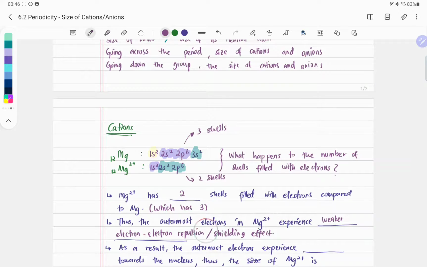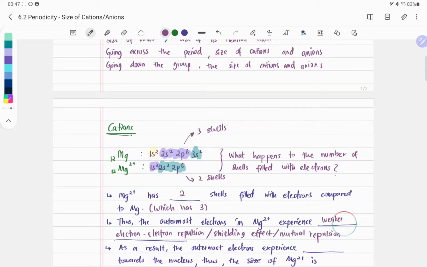Selain daripada weaker electron-electron repulsion, kita juga boleh cakap dia punya effective nuclear charge dia berbeza lah. But I don't want to explain in terms of that. It is easy using electron-electron repulsion, ataupun dalam erti kata lain juga disebut sebagai mutual repulsion. Okay.